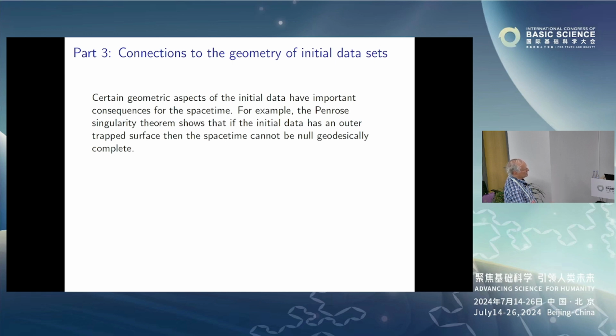For example, the Penrose singularity theorem shows that if the initial data has an outer trap surface, so you could think of it as a minimal surface in the scalar flat case, then such a surface would lead to a space-time singularity.